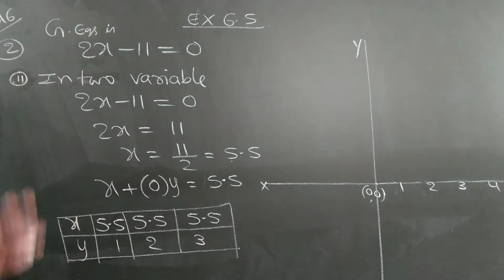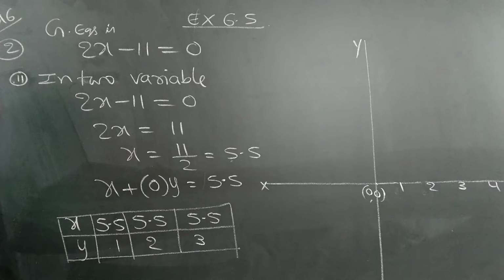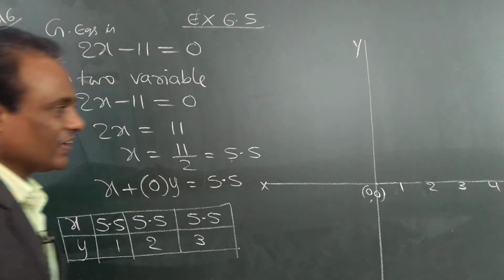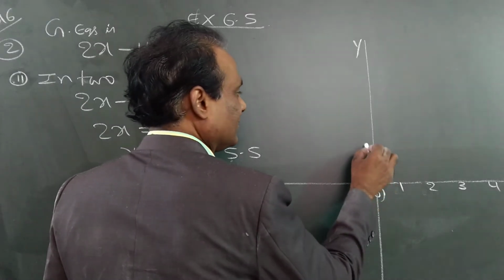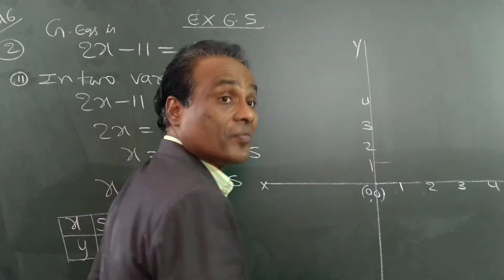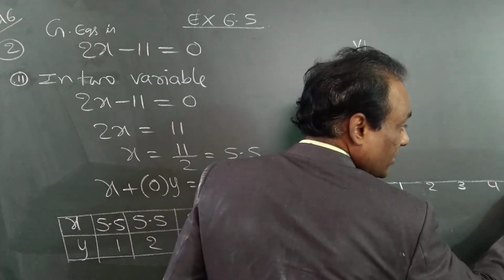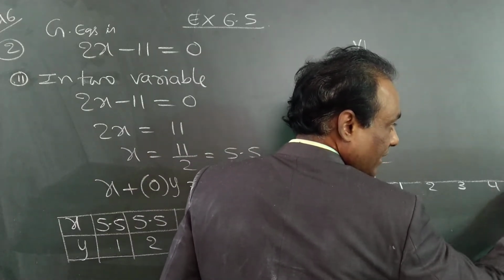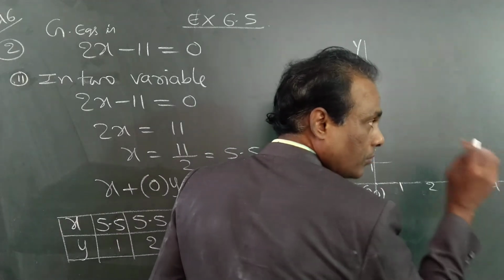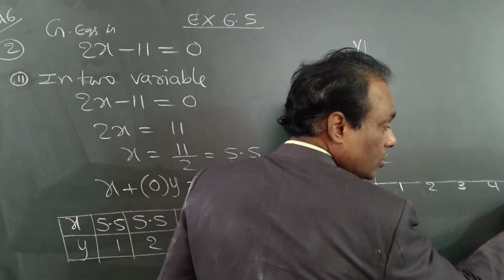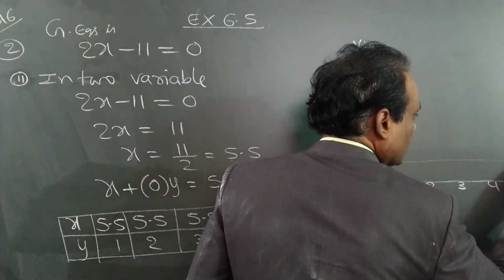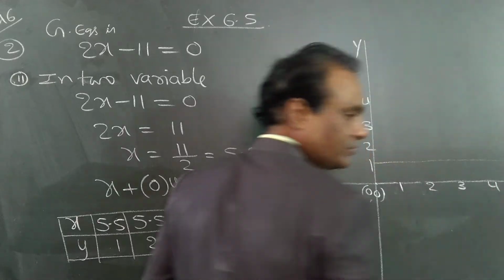Now, see here, don't write. x is 5.5, y is 1. 5.5 means between 5 and 6. After 5, count 5 small boxes, that will be 5.5. With y value 1, this is our point.